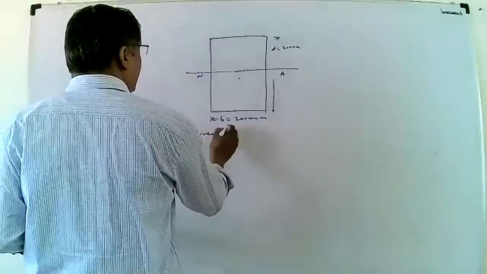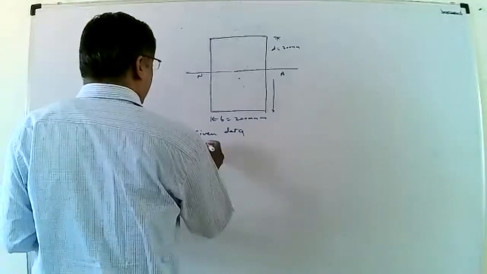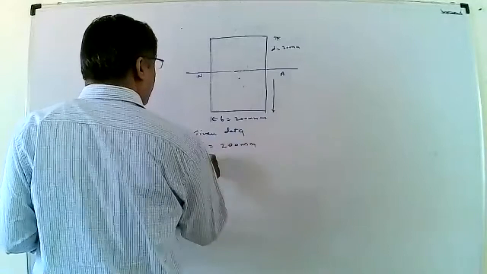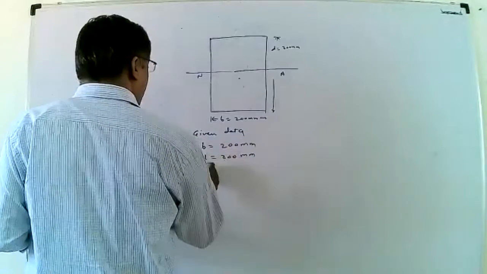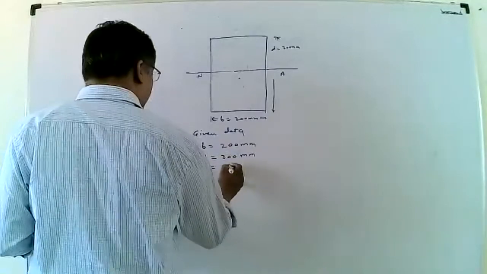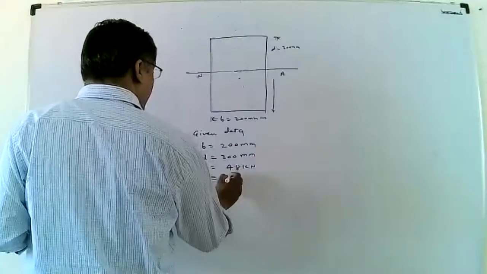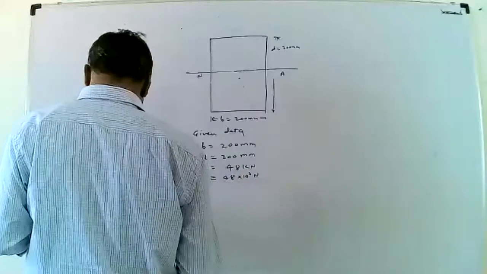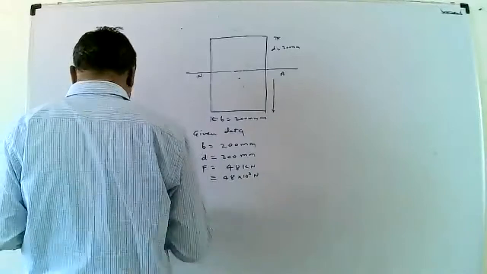Given data: B is 200 mm, D is 300 mm. The shear force is 48 kN, that is 48 into 10 raised to 3 N. The section is rectangular.